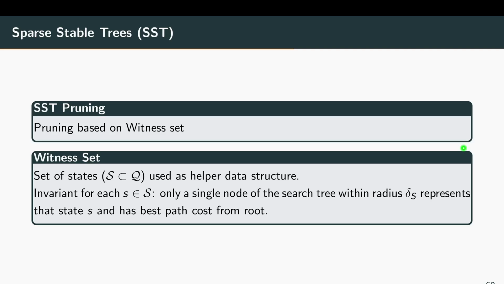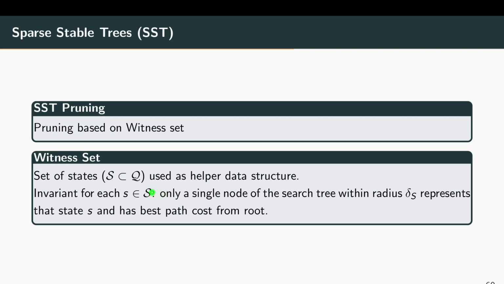And so in the pruning step, we need a new kind of set, which is called the witness set. And that has an interesting invariant. So first of all, what is a witness set? It is just a set of states from our configuration space. It's a helper data structure, so we don't necessarily do something with it.